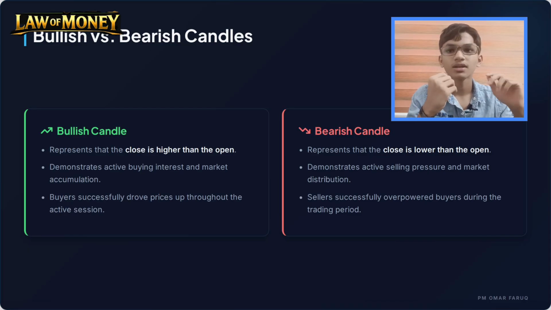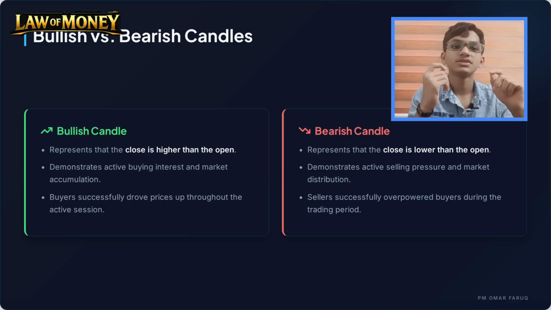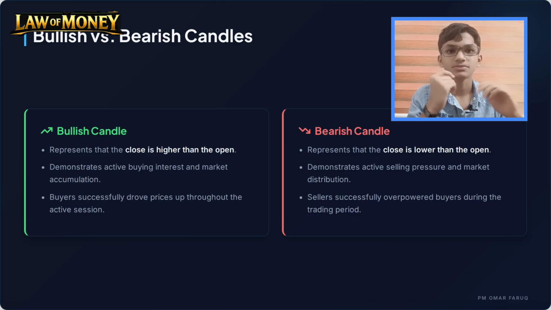A large bullish candle after a breakout can mean something very different from a large bullish candle after an already extended bullish trend. Candlesticks describe what happened. They don't guarantee what happens next.